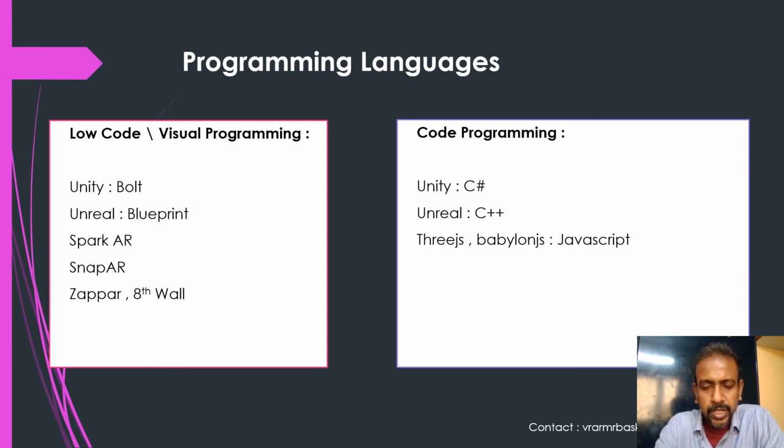Spark AR provides a visual programming language. At the same time, it also supports customized options using JavaScript. The same goes for Snapchat AR, that is Lens Studio, Zappar, 8one. They also provide visual programming language at the same time, as well as custom coding via JavaScript.